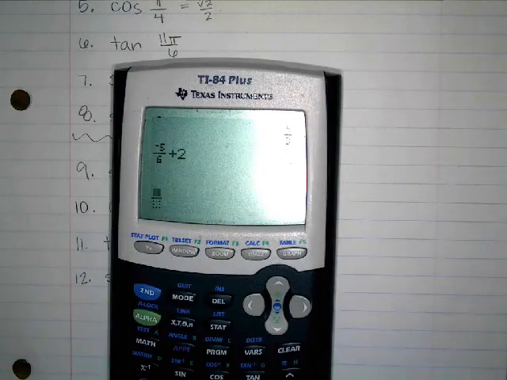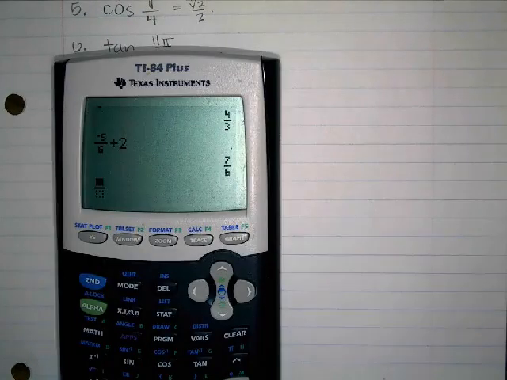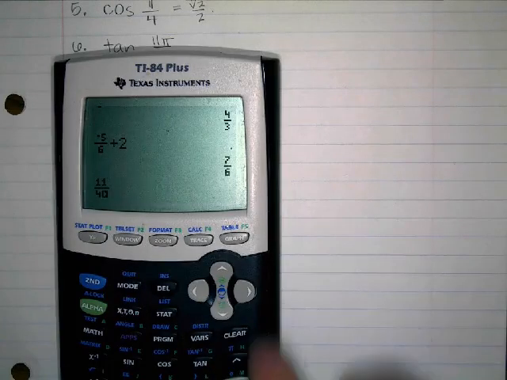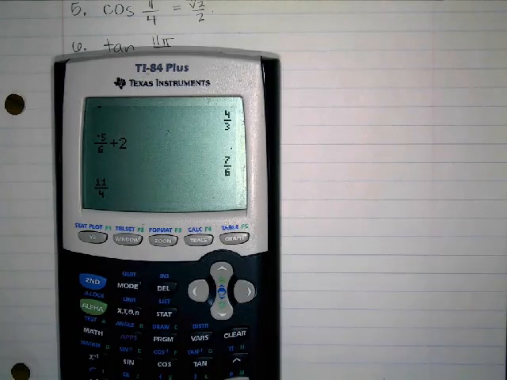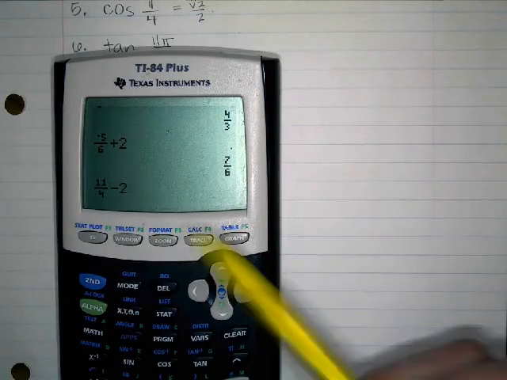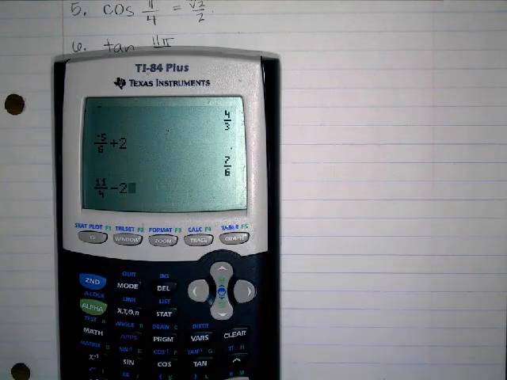So if you do 11 fourths, what are you going to do? Add 2? If you add 2, it'll make it bigger. It's too big already. Subtract 2. Because 11 fourths is already bigger than all the numbers on the unit circle. Whenever you're looking for a coterminal angle, you're going to either add 2 or subtract 2.